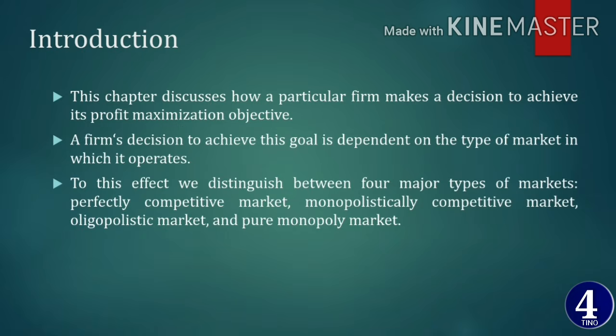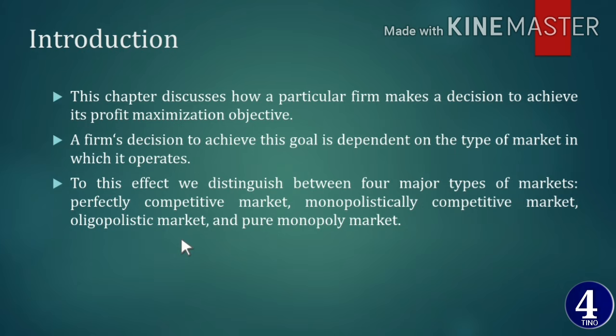And the other one is freedom of entry into or exit out of the market, which is also our other criterion. So based on such kinds of criteria, markets are classified into 4: perfectly competitive market, monopolistically competitive market, oligopolistic market, and finally a pure monopoly market.